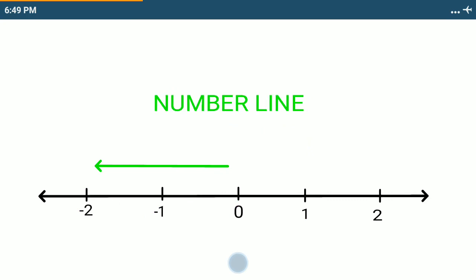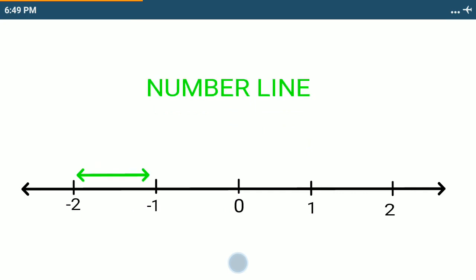Students, make note of the fact that the next number will be on the left hand side, since minus 5 by 3 is a negative rational number. So the next number is minus 2.